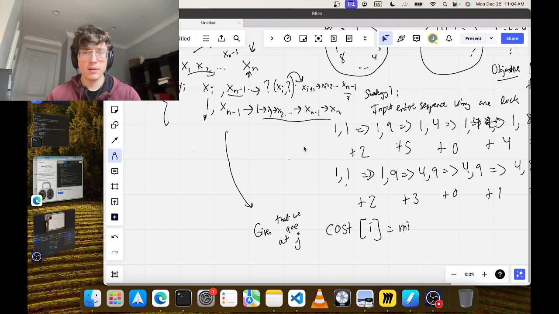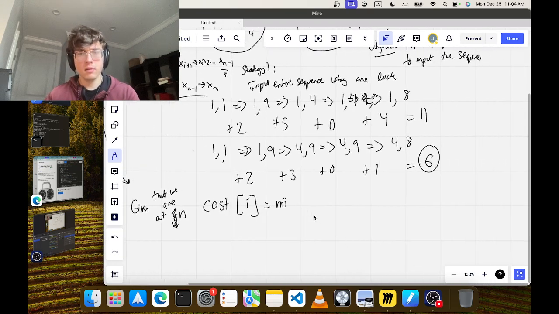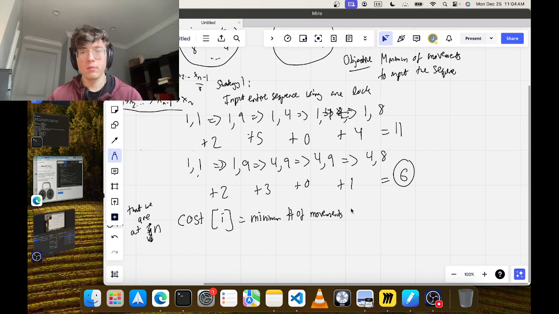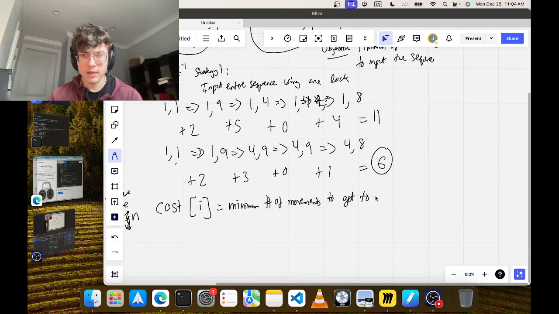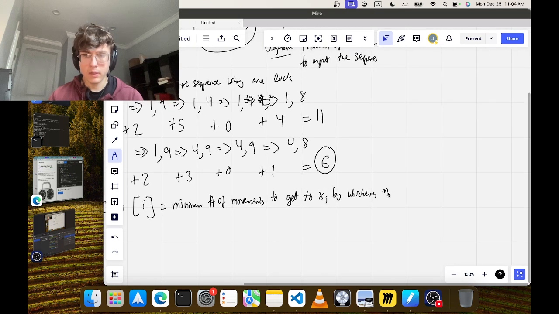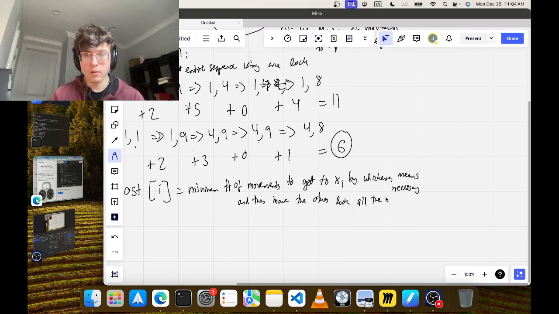Given that we are at n, the cost of I is equal to the minimum number of movements to get to xi by whichever means necessary, and then move the other lock all the way to xn.